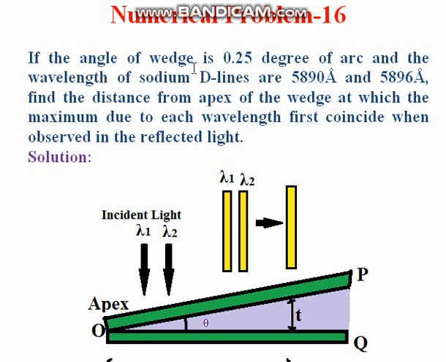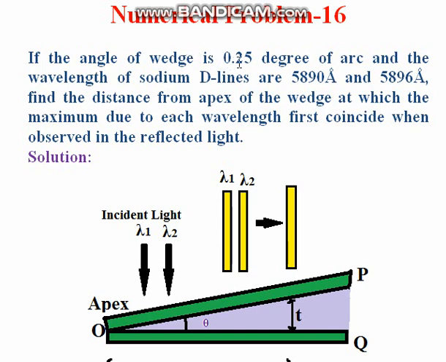If the angle of wedge is 0.05 degree, so theta is given. There is an upper layer and there is a lower layer, and theta is the angle of inclination, O is the point of apex.